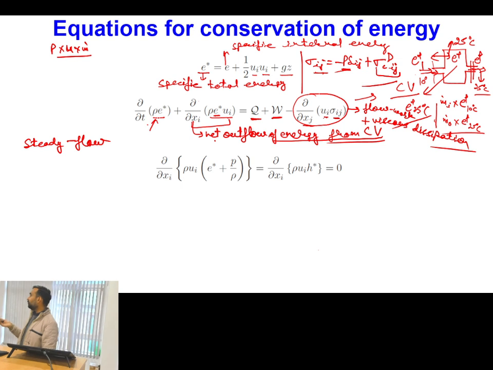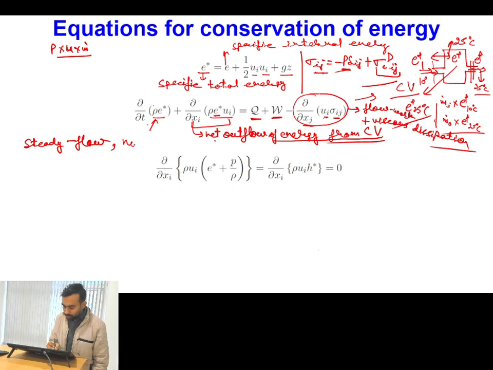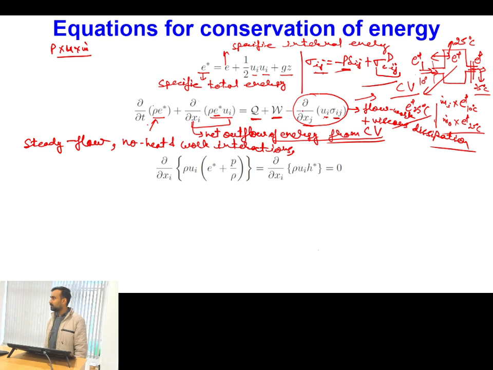Steady flow is when properties are not changing with time. So for steady flow, the first term will be 0. Then let me make the second assumption: no heat and work interactions. Q and W will be 0.